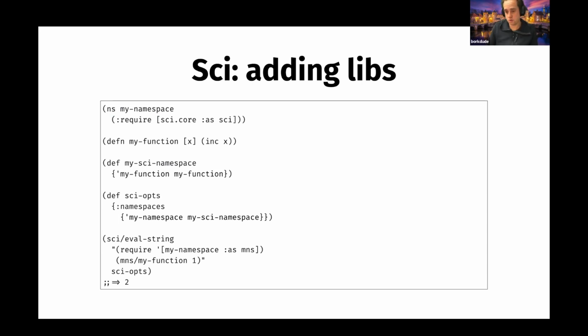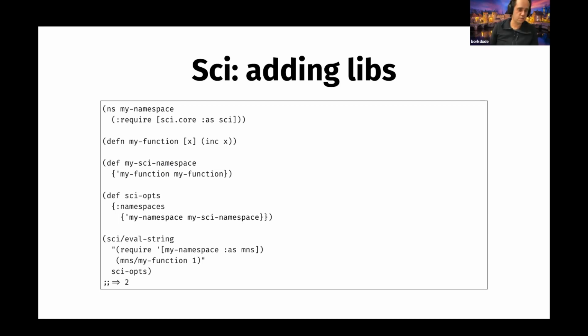If you want to create an environment like Joyride, we use Sci.core, and let's say we have a function x which increments a number, and you want to expose this function to your environment.